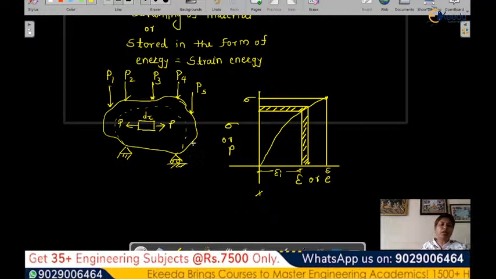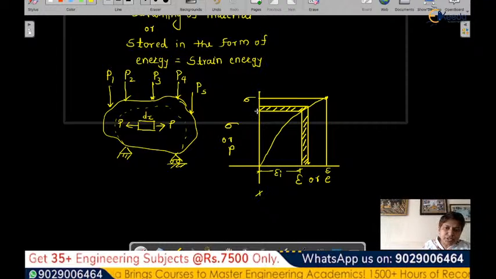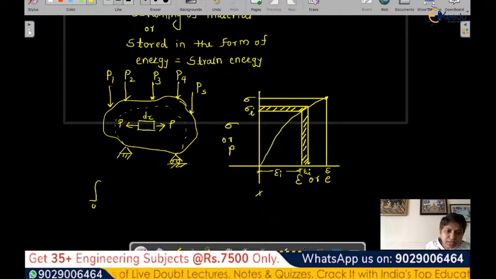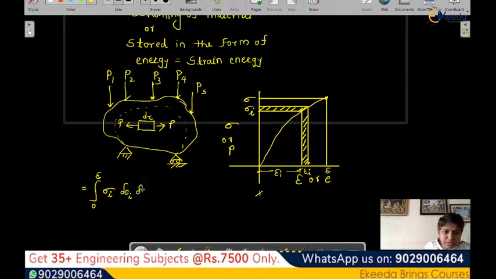What is the stress at this particular level? That is sigma suffix I, and the strain at that element is epsilon suffix I. Then the strain energy stored in a particular element, we show it as the integral from 0 to that epsilon of the stress at that level, times the small change in strain and the total volume.